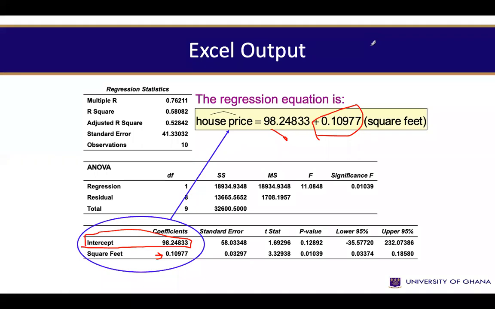Okay. So what we mean to say is that, all things being equal, and on the average, for any unit increase in the size of the house, if the house increases by 1 square foot, the price of the house will increase by how much? 109.7. Do you get it?